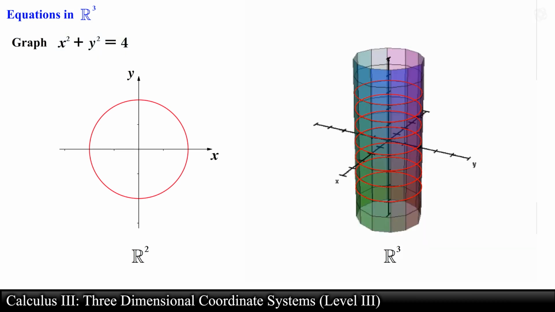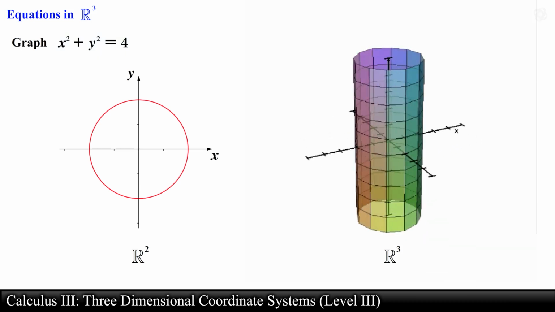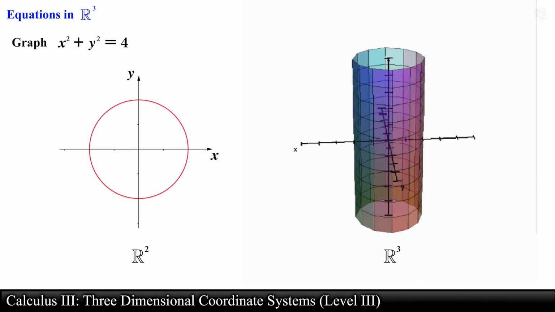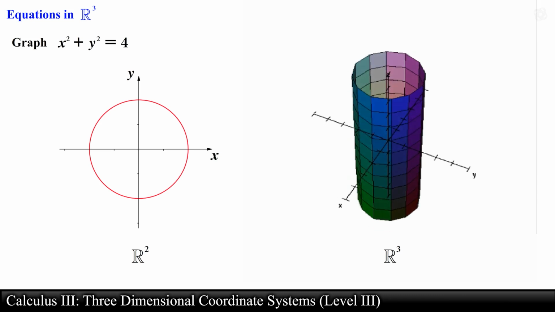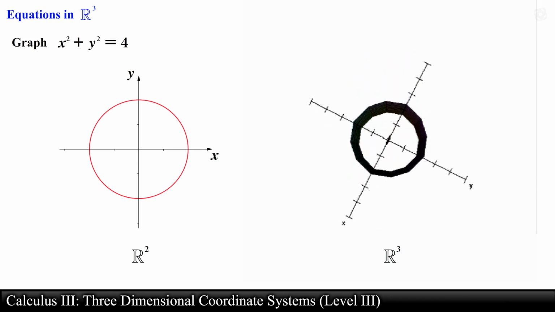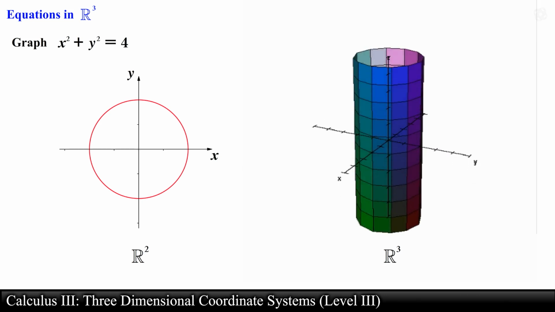Finally, we connect the curves with rulings as follows. This equation represents a cylinder centered on the z-axis. So in R squared, the equation represents a circle, and in R cubed, it represents a cylinder. Once again, this example illustrates the importance of specifying what coordinate system we are referring to, since it ultimately determines the graph of the equation.